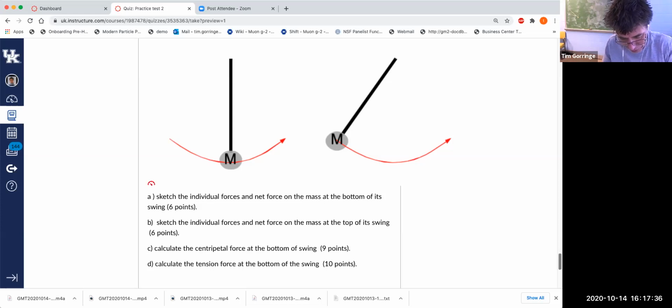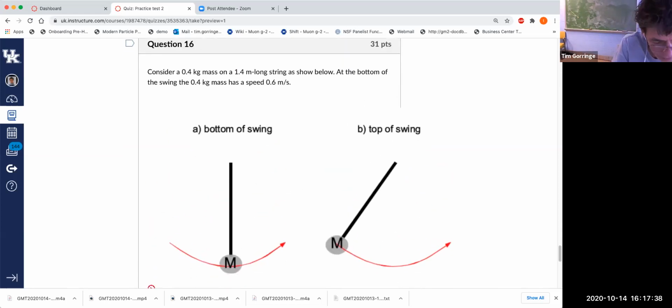I need to go back to where the question was. Consider a 0.4 kilogram mass on a 1.4 meter long string. We've got to compare the situation with the forces at the top and bottom of the swing.